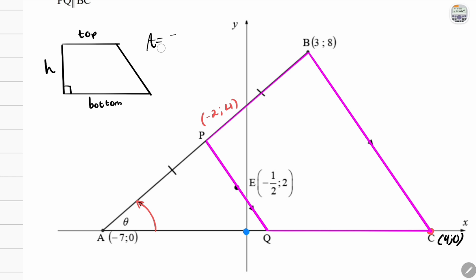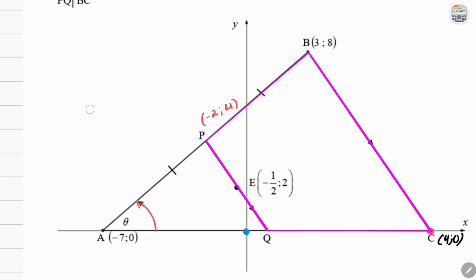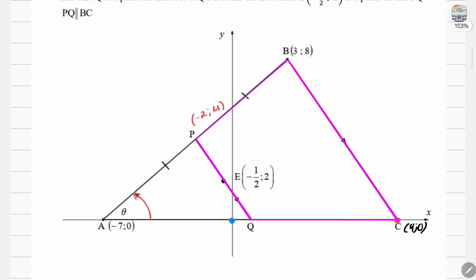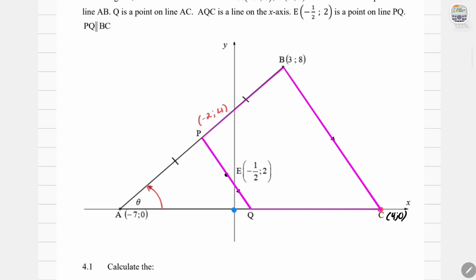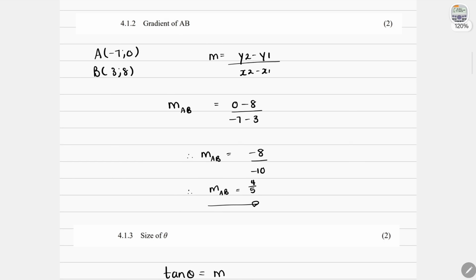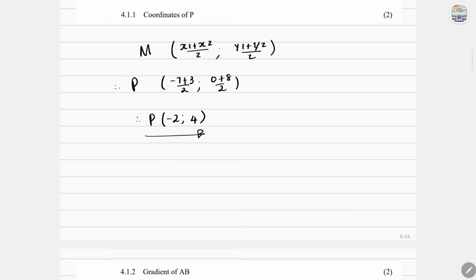But we have a weird scenario here because we can't see any clear visible height. We can't see any perpendicular lines. We could find out whether we do have perpendicular lines because we have the gradients of AB and BC. The gradient of AB we found in the second question, which was 4 over 5.